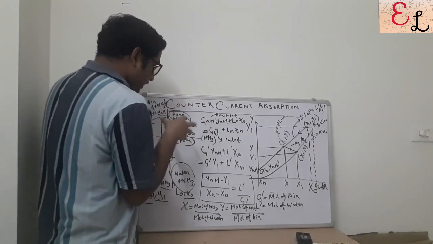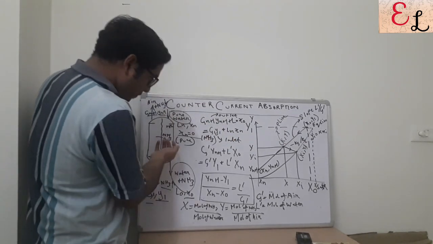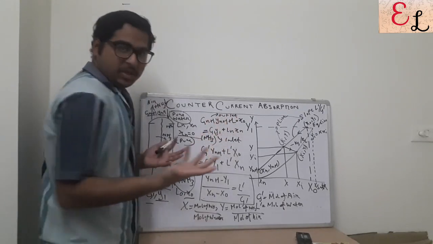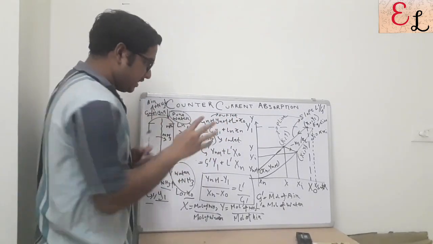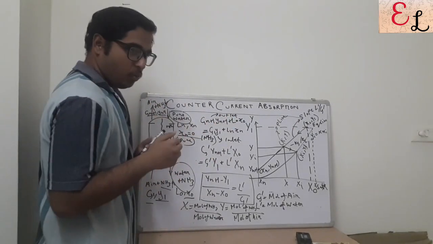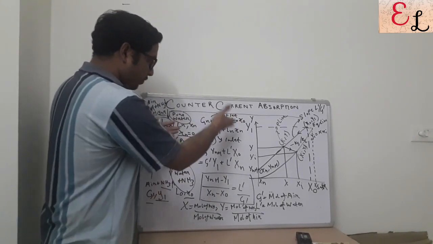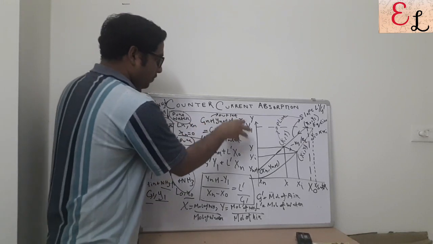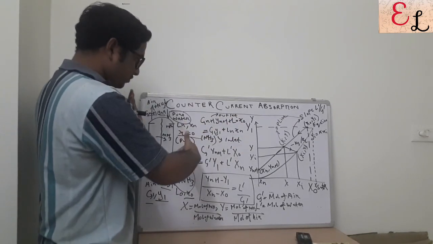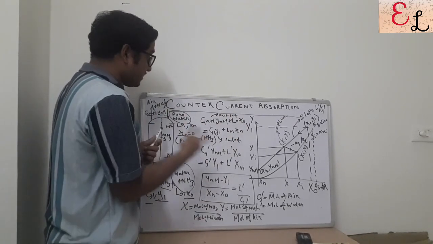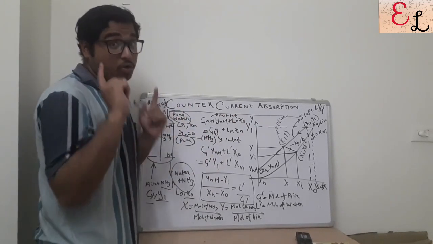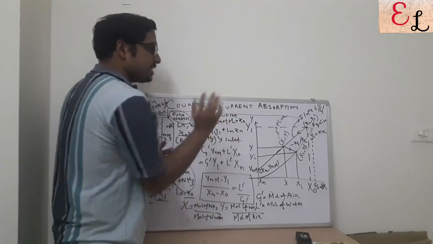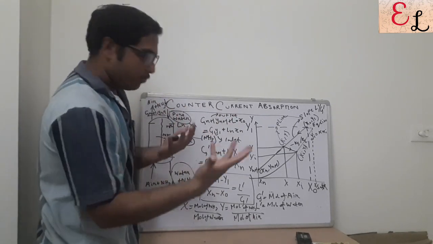It is G1Y1 plus LnXn. Xn is 0 in this case because no NH3 is present in the pure water. So the mole fraction of NH3 in pure water is 0. So this will correspond to 0. So G1Y1 plus LnXn is the incoming NH3. If it is not pure water, some small traces of ammonia are present in that water, and this Xn will have some value other than 0, some positive value.